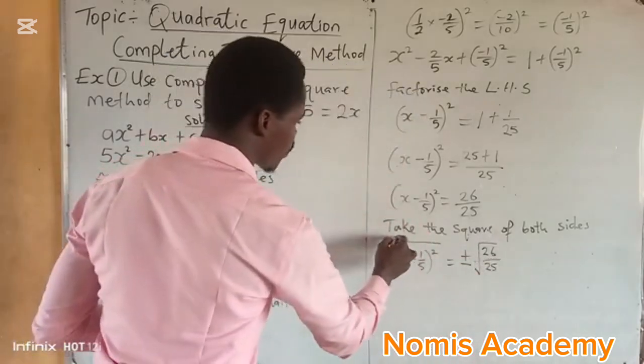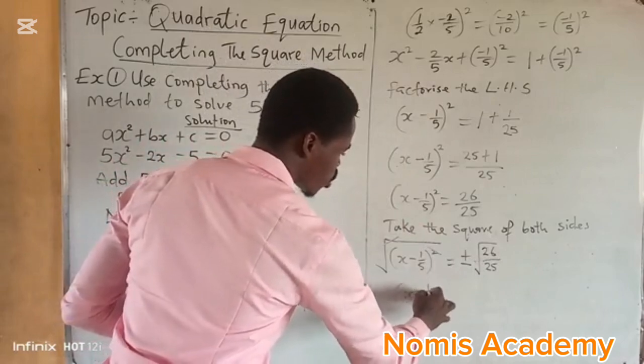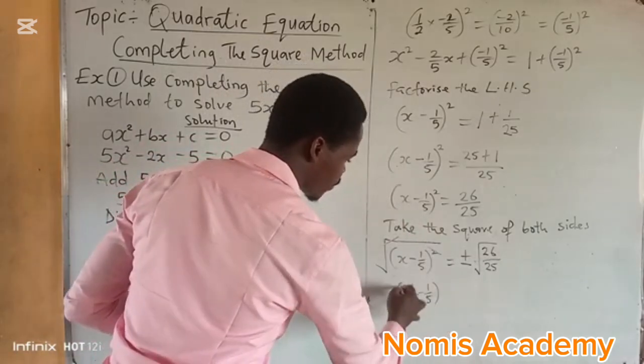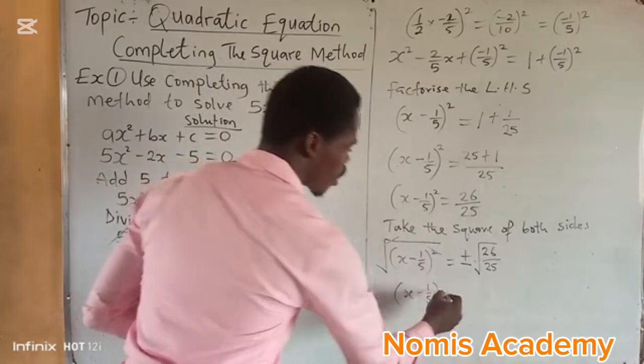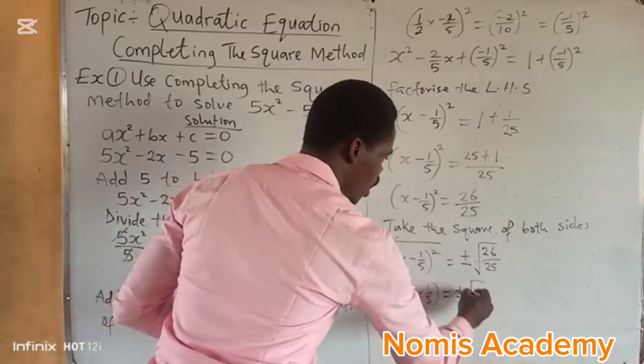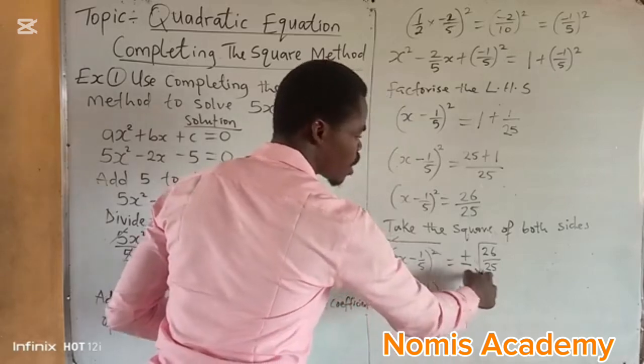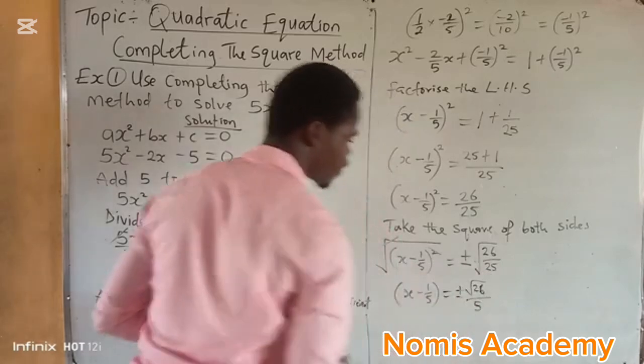So we can have this to cancel this. We have x minus 1 over 5 equal to plus or minus square root of 26 all over square root of 25 is 5.